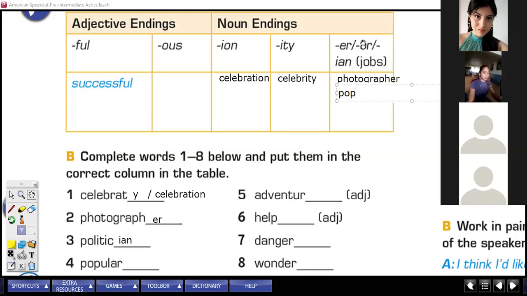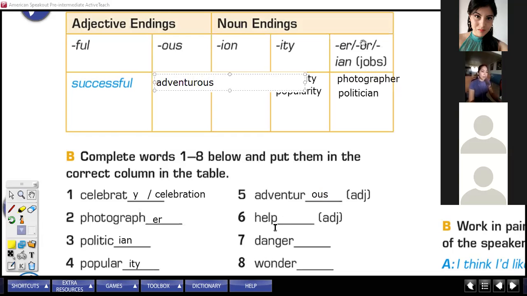Yes. Politician, and here popularity. Okay. And then we have number 5, adventurous. Yes. And is that a noun or an adjective? Adjective.